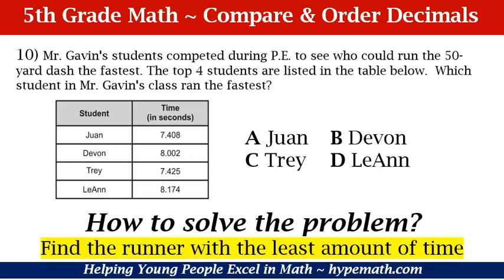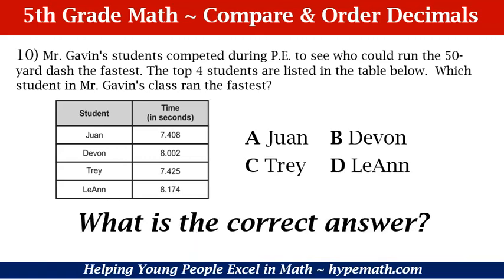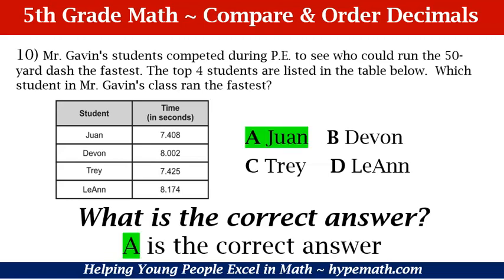So which is smaller, the 0 or the 2? If you said A, Juan, you are absolutely correct. Juan is the fastest runner because he has the smallest time.